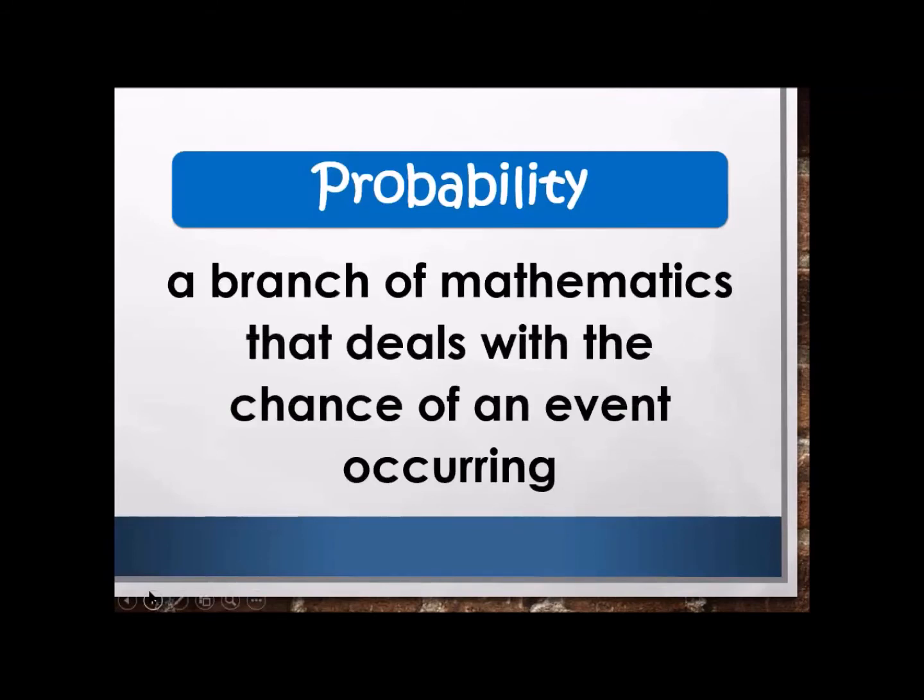Probability is a branch of mathematics that deals with the chance of an event occurring. So, the keyword here is chance. Madaling matandaan, madaling maintindihan kung ano ba ang probability in a regular way, in a normal thinking. Pag sinabing probability, we are talking about chance. Okay? So, chance is the keyword, or possibility.